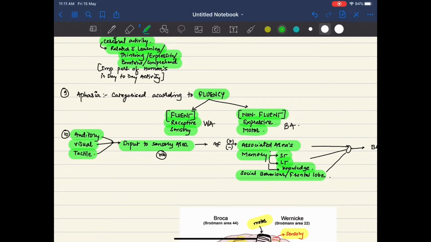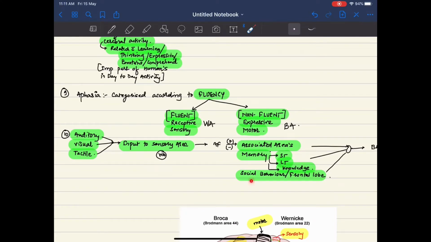I have asked you a question, you are reading a question, or I have given you a note that what is your name. This input will go to your Wernicke's area. Then it will associate with your memory, then your frontal lobe, your short-term memory and long-term memory, along with the knowledge and all the grammar you know.